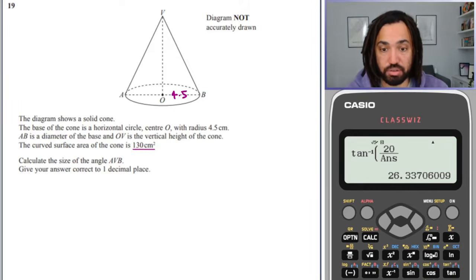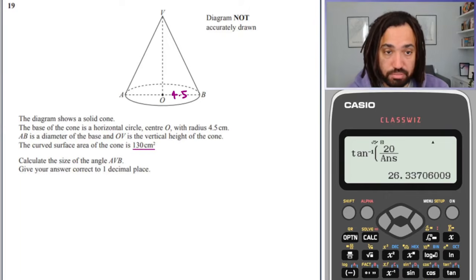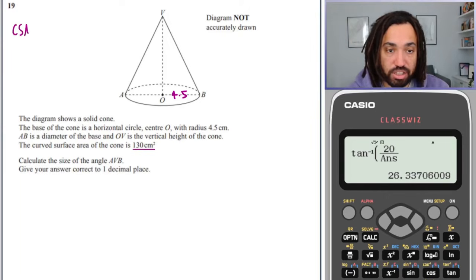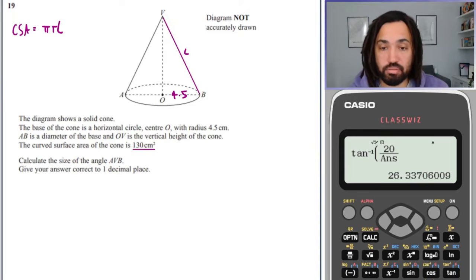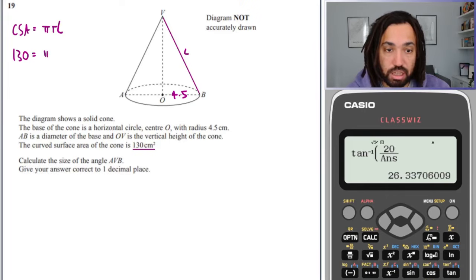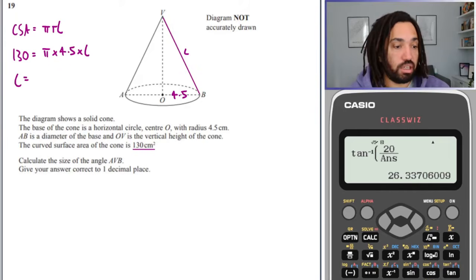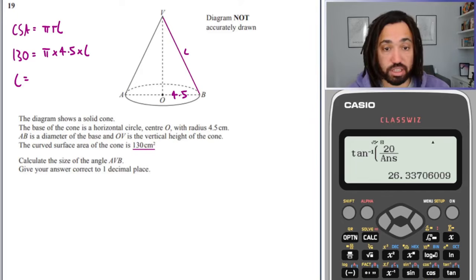Right, that's useful. So the curved surface area is a formula you're given, and it is pi RL, where L is the slanted height of the cone. So we know that it's 130, and we know this is 4.5, the radius, so we should be able to work out L by reversing this equation, or solving it, should I say.